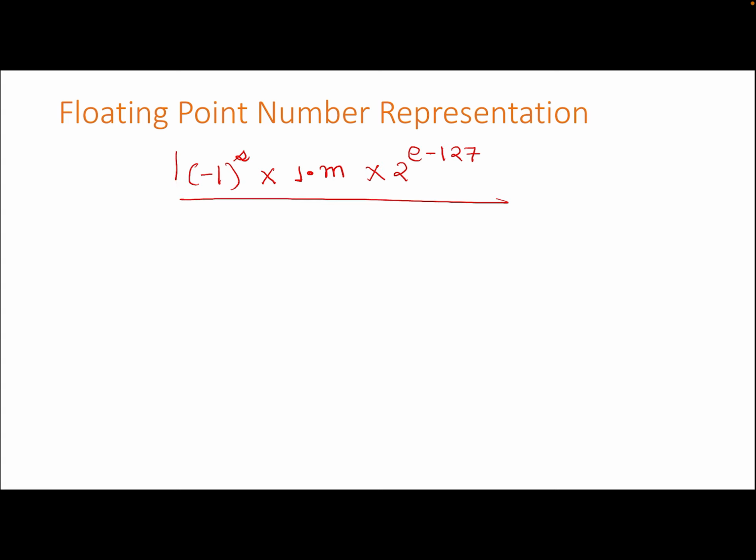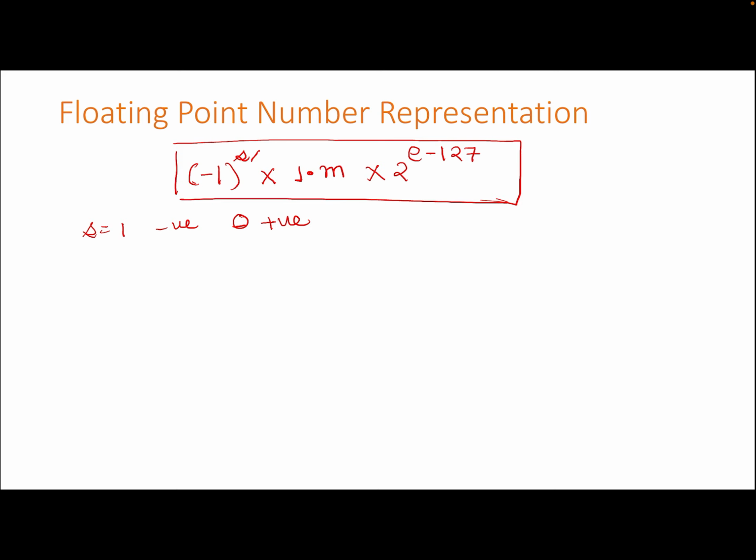Let's take each part one by one. This s is the sign bit. S is 1 for a negative number and 0 for a positive number. If it is 0, the sign factor will be 1. If it is 1, that means it's a negative number.